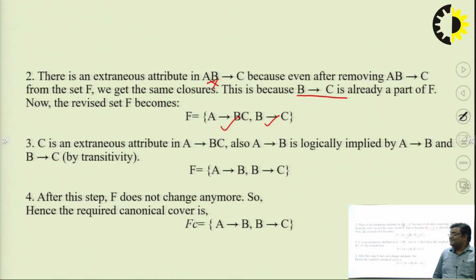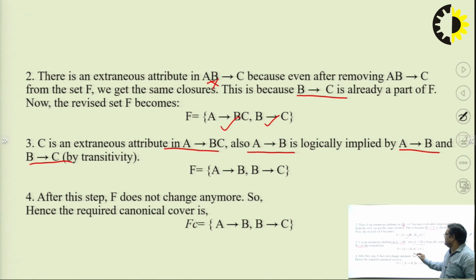Next, C is an extraneous attribute in A to BC. How? Also, A to C is logically implied by A to B and B to C by transitivity. So, we can say that if A to B is available and B to C is available, we can go to C. Even if we are not using this C, we can go to C. Okay.